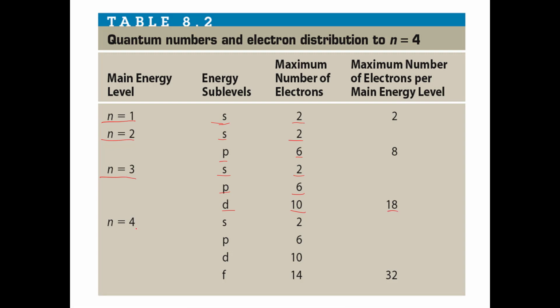For n equals 4, the subshells are S, P, D, F. S can hold 2, P 6, D 10, F 14. If we add these numbers together, it can hold 32. Then the first energy level can hold 2, the second can hold 8, the third 18, and the n equals 4 level holds 32.